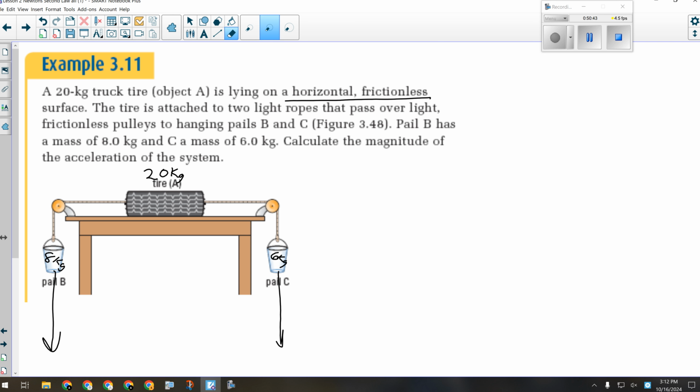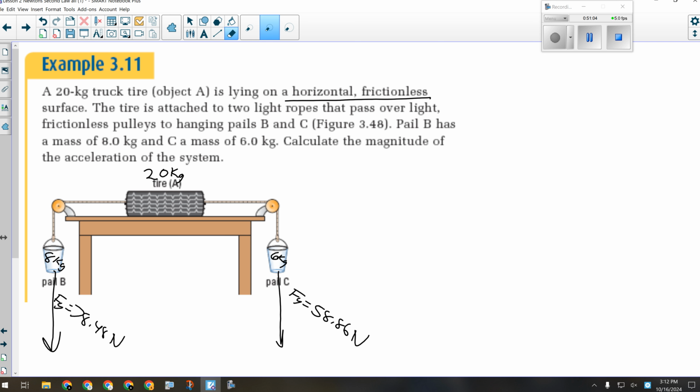This one here, force of gravity, m times g, is going to be 58.86 newtons. And this one here, force of gravity, is going to be 78.48 newtons. 8 times 9.81 and 6 times 9.81. Everyone okay with that? All right, can I simplify that diagram now?